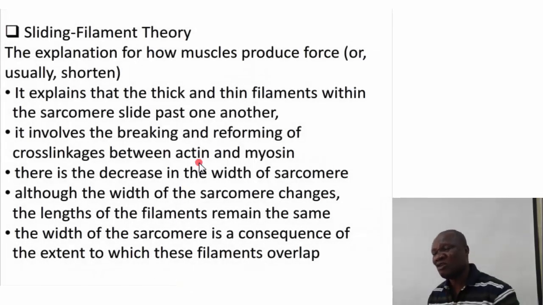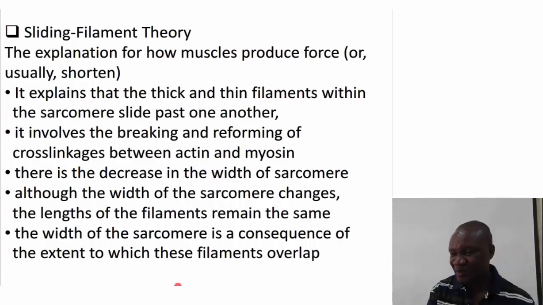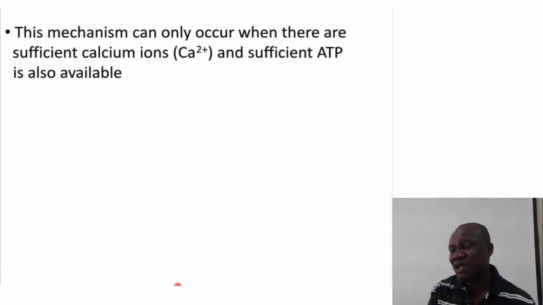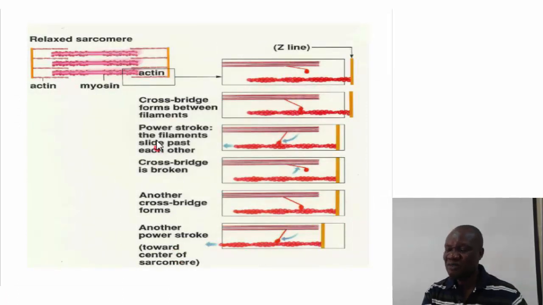Now, the development of tension and shortening of the muscle can be explained using the sliding filament theory. In the sliding filament theory, the thin filament is pulled over the thick filament. Assuming this is a relaxed muscle, that's a sarcomere. These are the Z lines, our thin filaments, and our thick filaments, so we have our actin and the myosin.